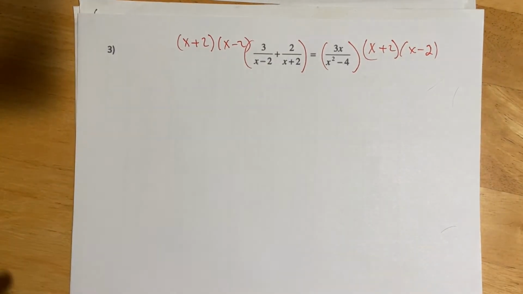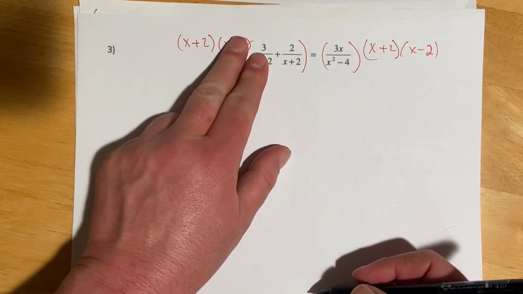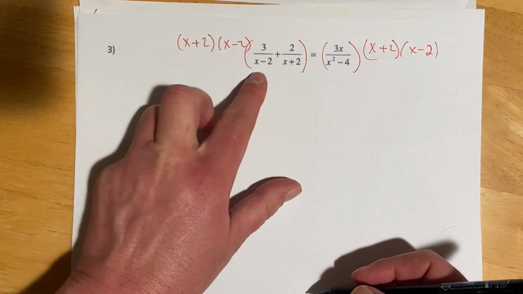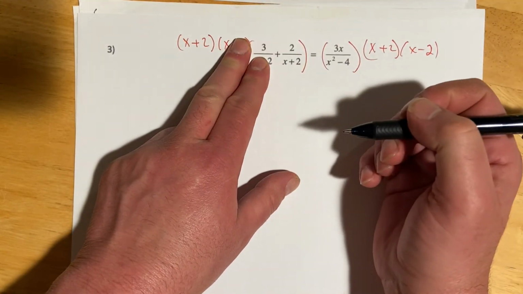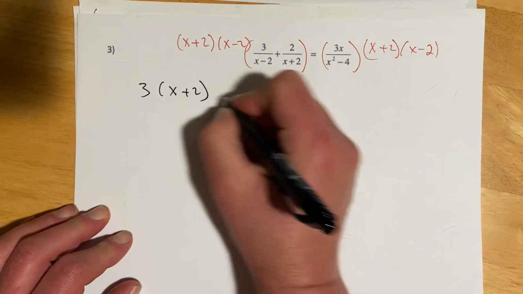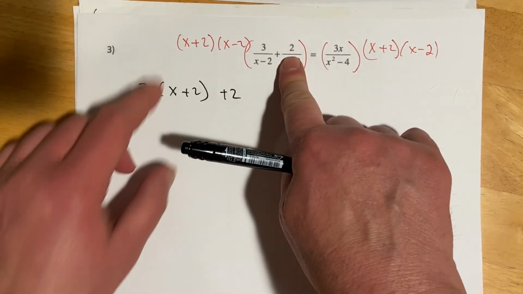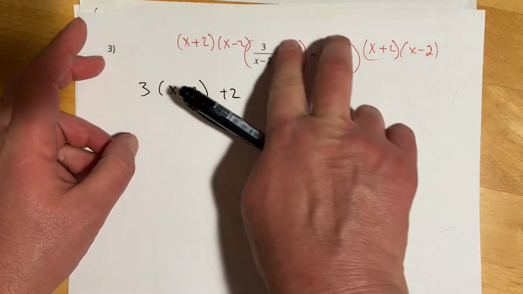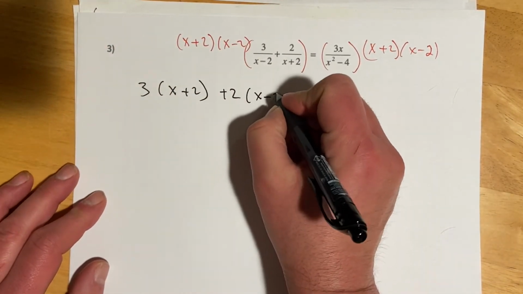So here, I always think of it as whatever is in the denominator isn't going to survive because that's canceling. So the minus 2's are canceling in this first round, and we'd have 3 times the x plus 2. And then next we're going to have a plus 2, and then the plus 2's would cancel if you picture these sitting right up here, and then the minus 2 would be left.